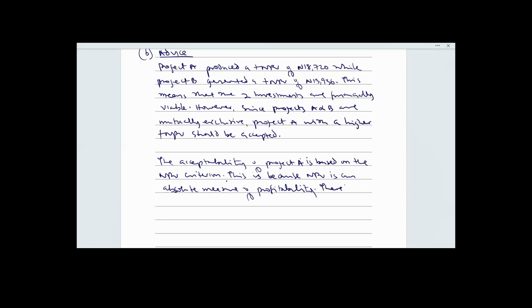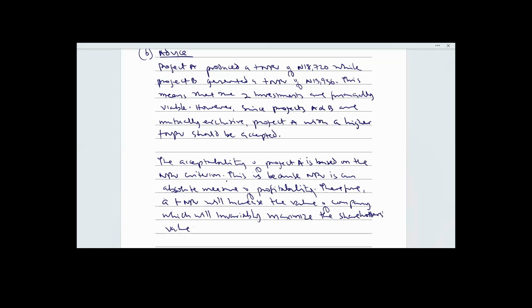Therefore, a positive net present value will increase the value of a company, which will invariably maximize the shareholders' value.